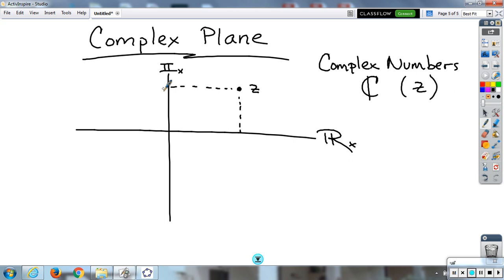So let's say it's 4 units over on the real axis and 2 units up on the imaginary axis. Then the standard way of writing this number Z is 4 plus 2i.